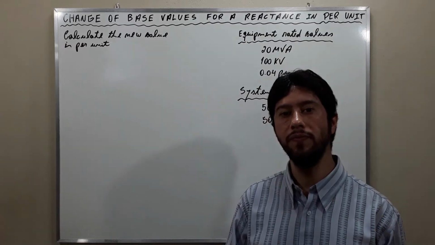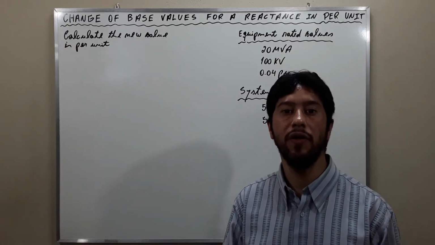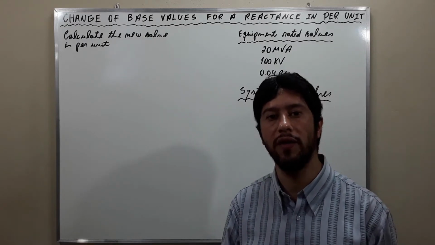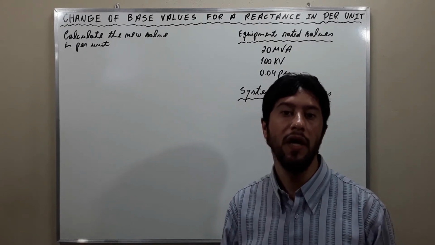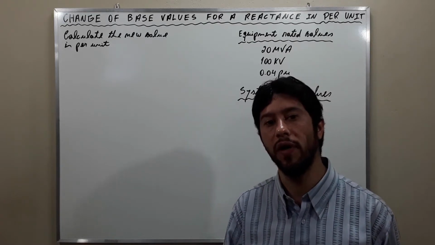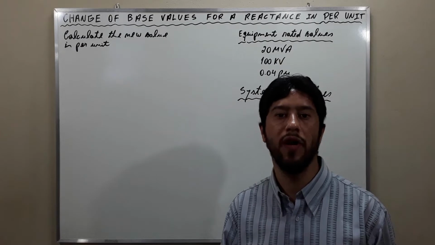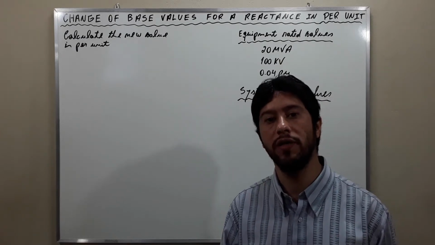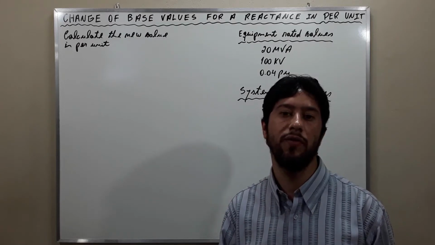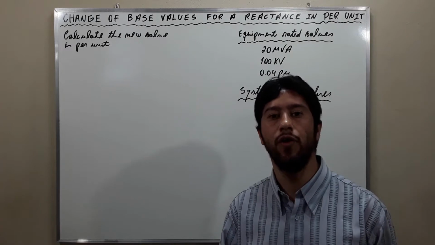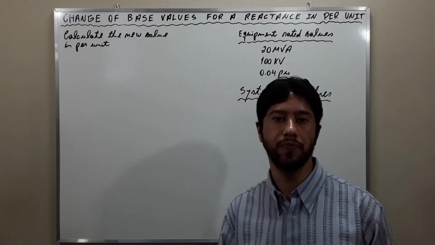Hello everyone! In this video, I would like to talk to you about a question related to the change of base values of a reactance in per unit. The question says that in a power system, an electrical equipment has as rated values for power and voltage 20 MVA and 100 kV, and that the reactance for these rated values is 0.04 pu.